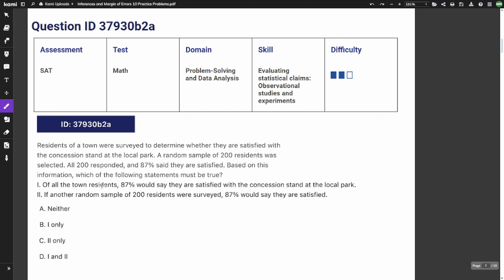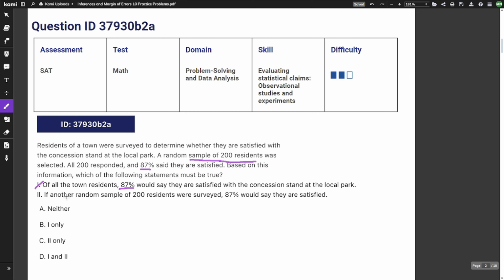Of all the town residents, 87% would say they are satisfied with the concession stand at the local park. This one is not going to be true, because 87% of a sample of 200 residents said yes. But surveying every single town resident isn't going to get you the exact same results. Now it might be close, but it won't be exactly 87. So 1 is not our answer.